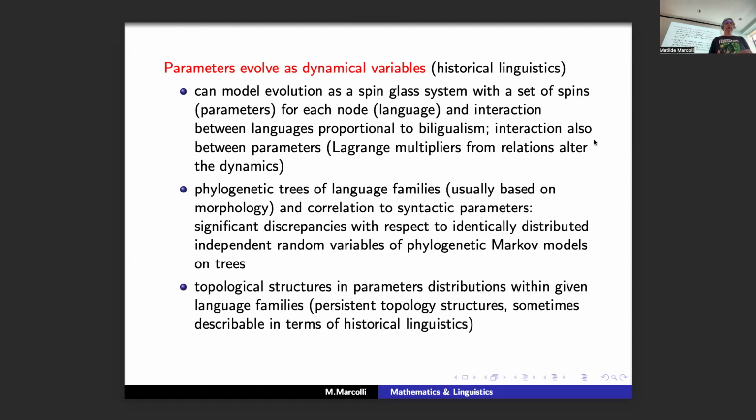You can also see in the structure of the data, if you compare the distribution of syntactic parameters across different languages and use methods like persistent topology that look for structures in the data, that the phylogenetic tree roughly correlates really well with the persistent connected components. So how things cluster together gives you the basic tree structure.